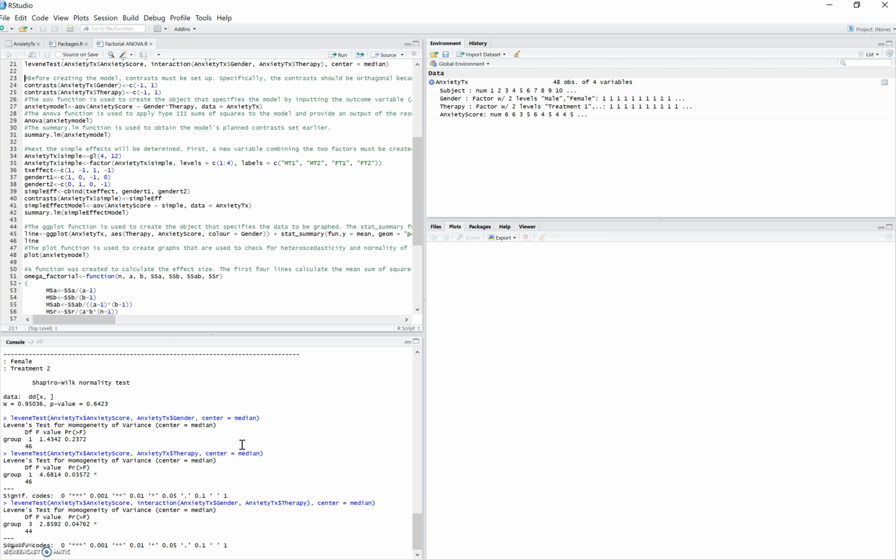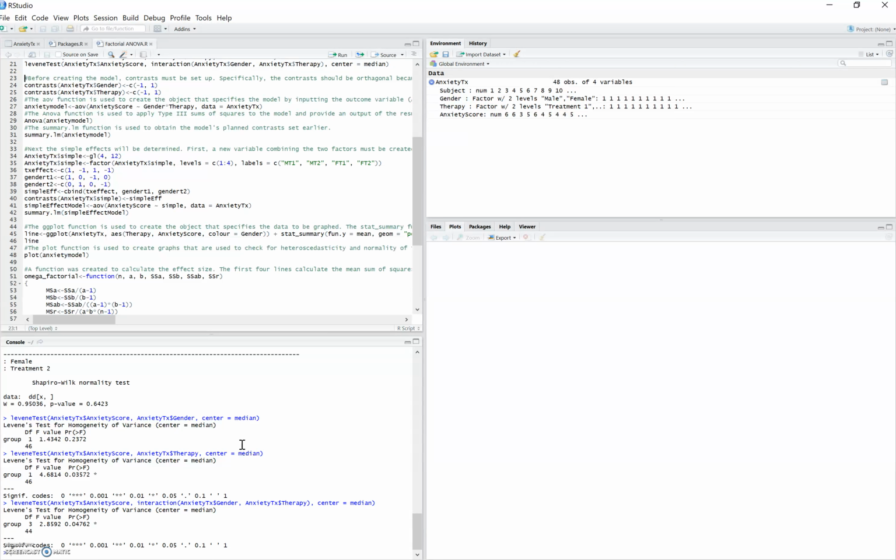Because just like with the ANOVA, the order of the variables in the model does make a difference, and R uses type 1 sum of squares by default, which is problematic because of the order issue here.